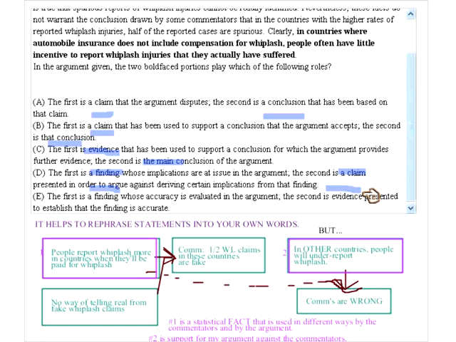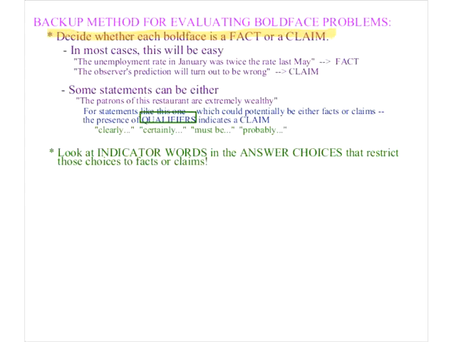If a statement makes a claim, then it is absolutely not evidence. So this is powerful, because even if you don't understand the argument at all, if you can distinguish facts from claims, then you can eliminate a lot of choices anyway.